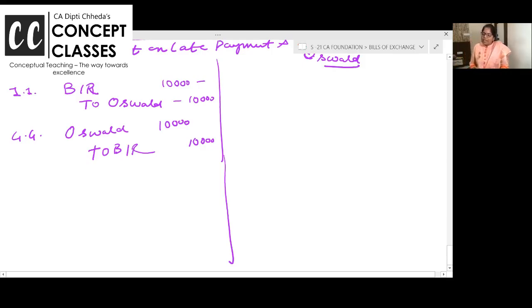Now on the due date, he is asking to draw another bill. But before that, Oswald is not able to pay the bill and he offers Thomas 4,000. So 4,000 on the same date, he is giving money. Bank account debit to Oswald. He is saying, okay, the 10,000 bill has been dishonored, keep this 4,000 cash.